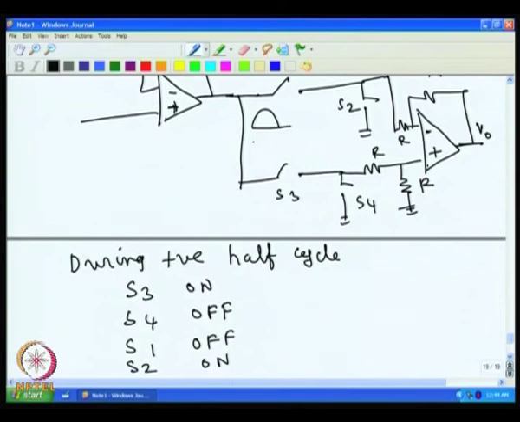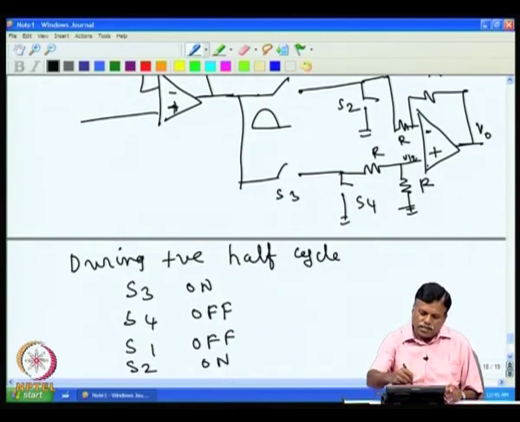That is, during the positive half cycle, I switch on this and switch off this. So, that signal can come here and half of the signal will appear here. Whatever voltage is there, half the voltage will appear at this point. So, V by 2 you will get, and then this switch is open at the time and this is on.